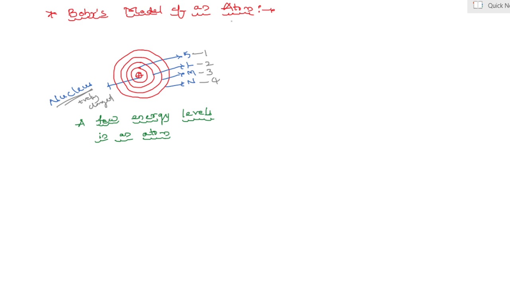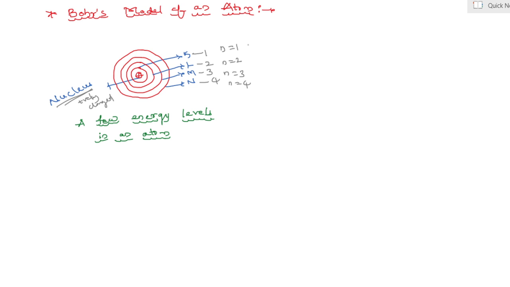Yes, my dear students, the number of electrons present here, how many? K is n equal to 1, L is n equal to 2, M is n equal to 3, N is n equal to 4.